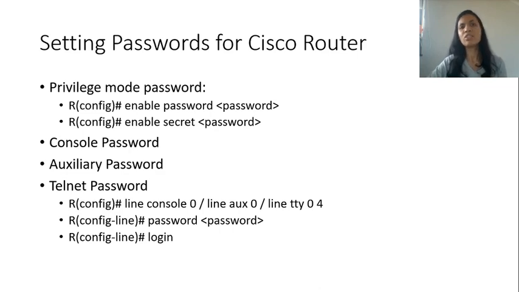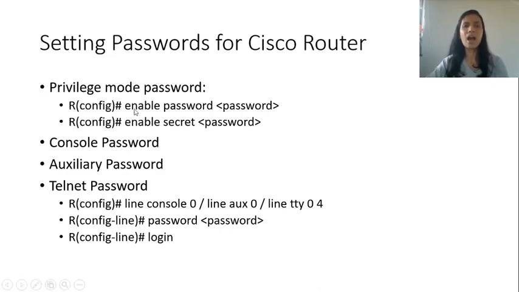If you are connected to your router via a modem using the auxiliary port of the router, then in that case, in order to set your user mode password, you need to set the auxiliary password. And if you are connected to the router using telnet, then in that case, you would be using your telnet password if you want to set the user exec password.